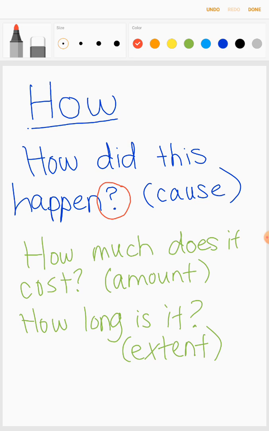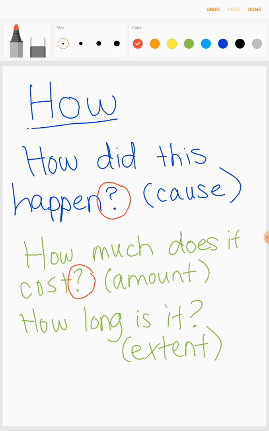We put a question mark at the end of our sentence. This allows the reader to know that we are asking a question. So instead of reading this question, how did this happen, as if I just had a period, I see this question mark, so I say, how did this happen? When I'm reading it, my voice changes a little bit because I'm asking a question.